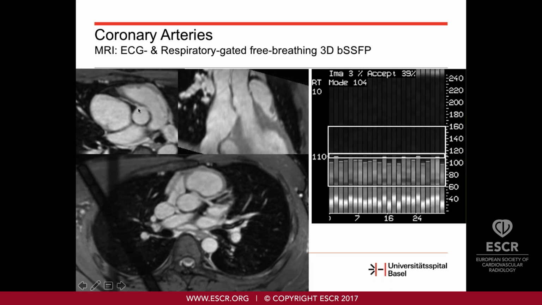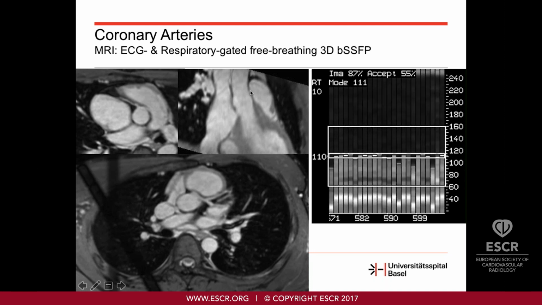MR also has its role. However, it doesn't have a role as a tool to assess coronary artery stenosis, but rather it can be used to identify coronary congenital anomalies, such as in this patient. Here you see the aorta on this 3D ECG and respiratory gated balanced SSFP image.